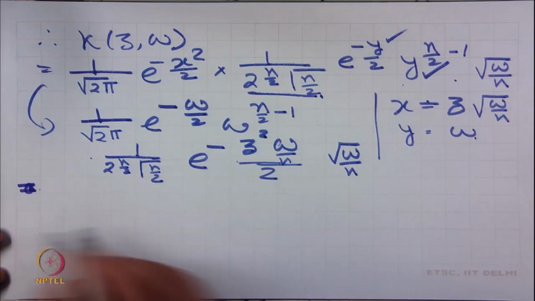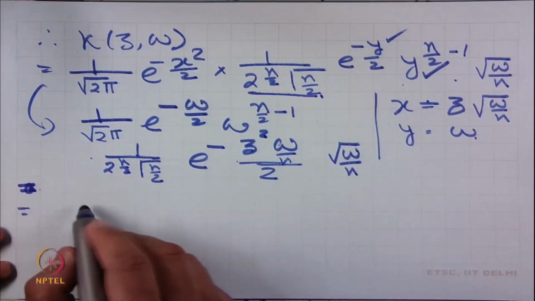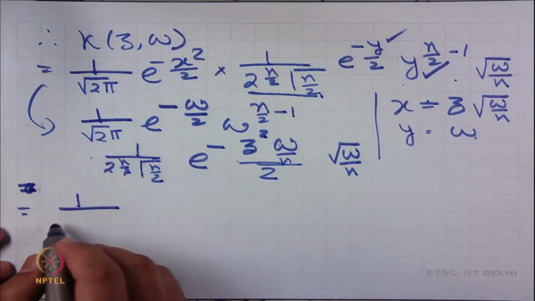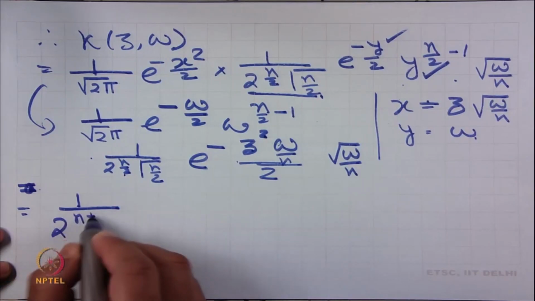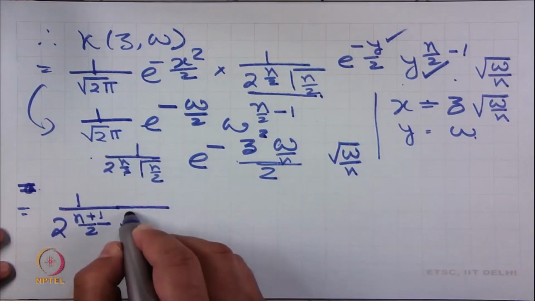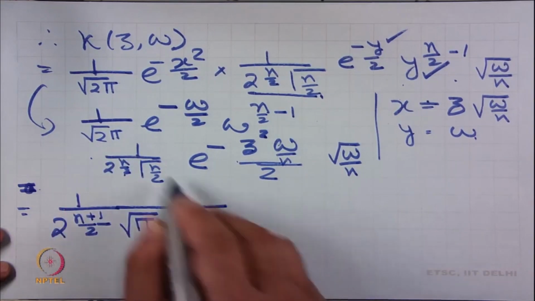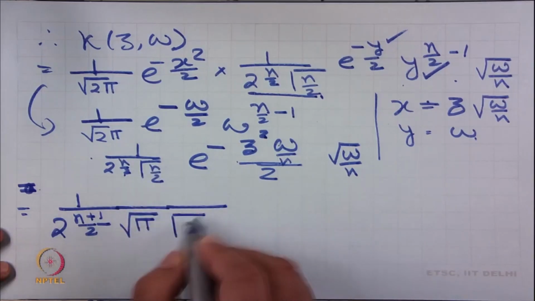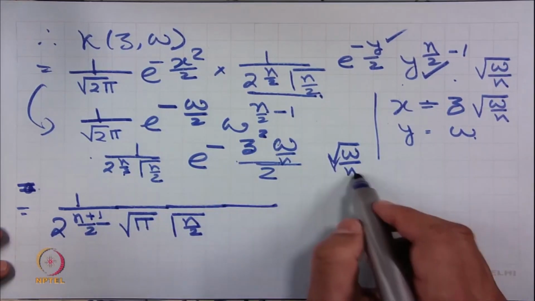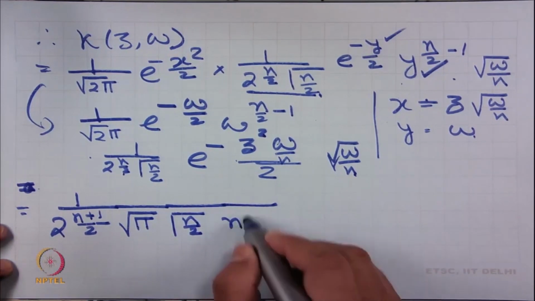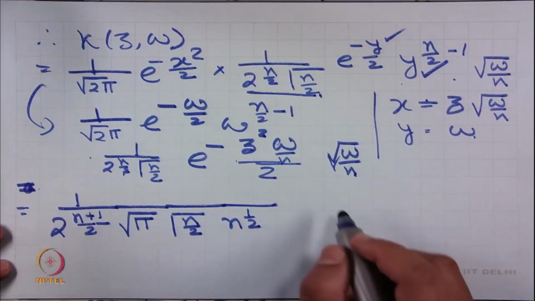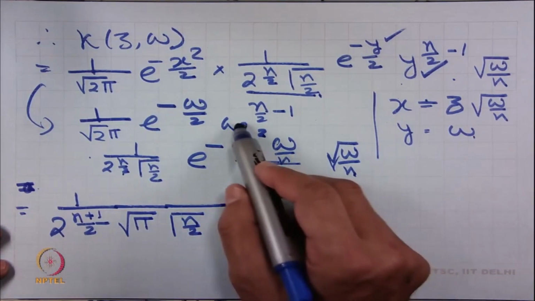So, let us simplify it to some extent. What we get? 1 upon 2 to the power n by 2 into half. So, 2 to the power n plus 1 by 2 into root over pi into gamma of n by 2 into this root n, let me take out, it is n to the power half. So, we have taken out all the constants. Now, let us look at the variables.